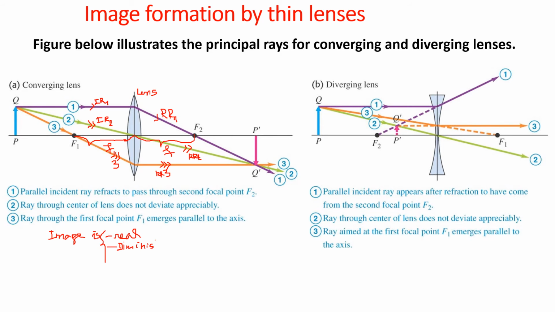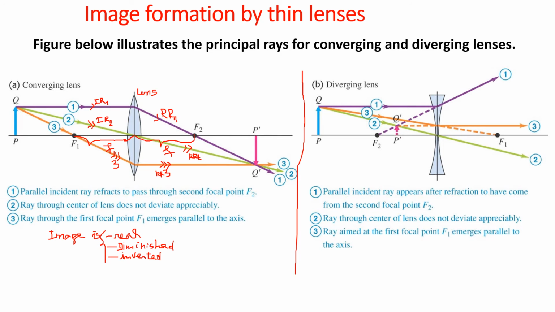And the third property of the image is that the image is inverted. Image is upside down. It is not upright. It is inverted.